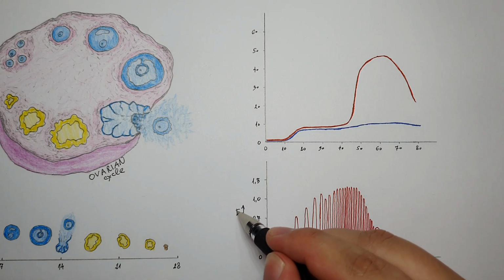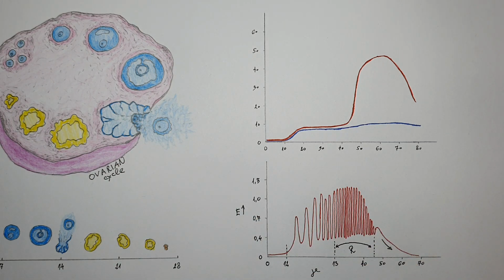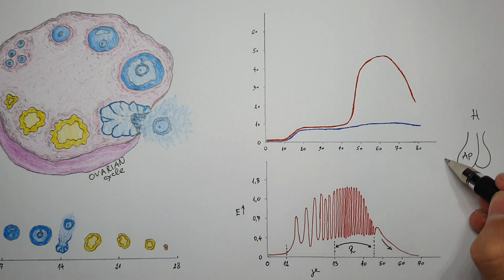So this is estrogen levels, but estrogen is actually controlled via the anterior pituitary gland. If we have here the hypothalamus, here would be the anterior pituitary, and the anterior pituitary gland is producing follicle stimulating hormone and luteinizing hormone.